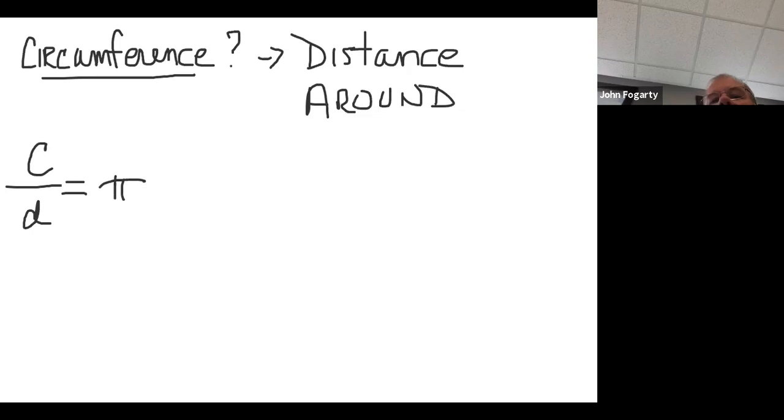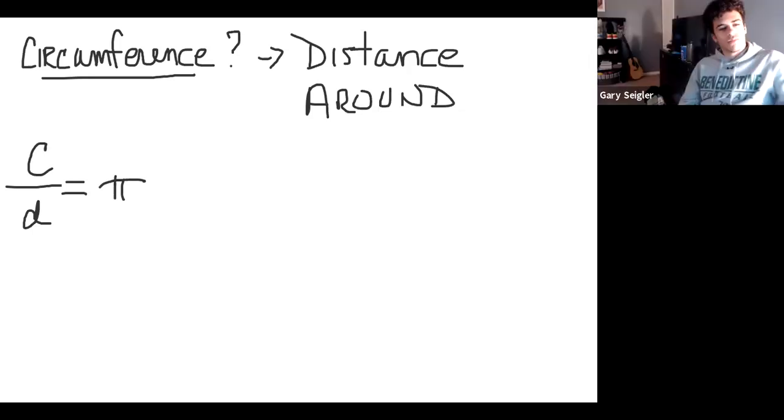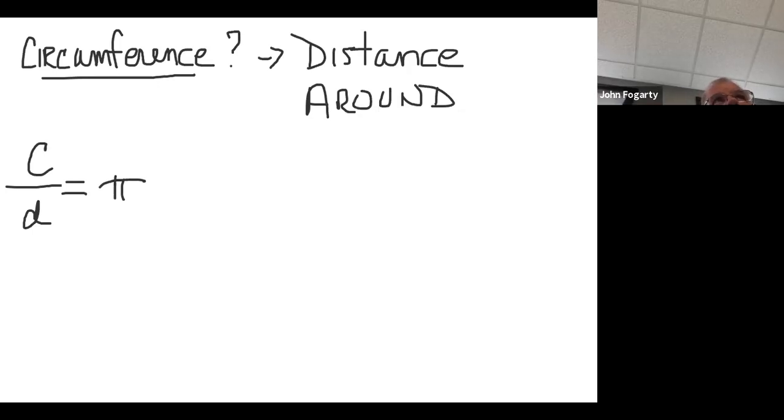How many guys play basketball? What's in the middle of a basketball court? Where do you jump ball at? The center circle, right? You ever see a quarter? If you put a quarter on the table, it looks like a circle because it's a circle. What's the middle of a soccer field? A big circle, right?